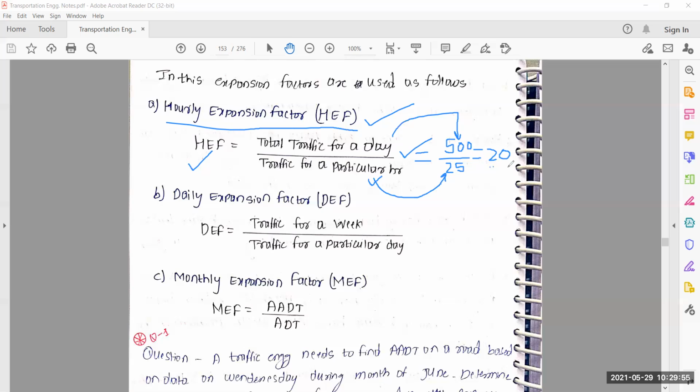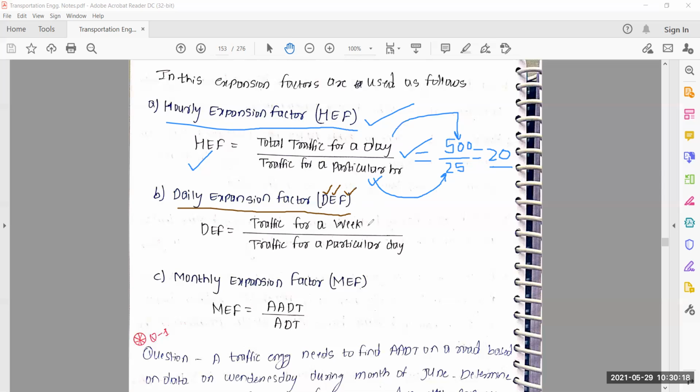Next one is the daily expansion factor. It is also denoted as DEF: D for daily, E for expansion, and F for factor. So daily expansion factor is equal to traffic for a week by traffic for a particular day.